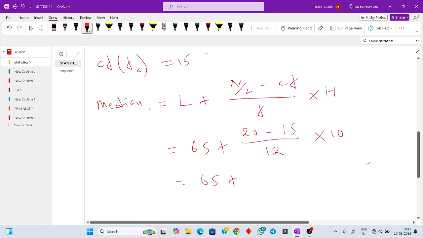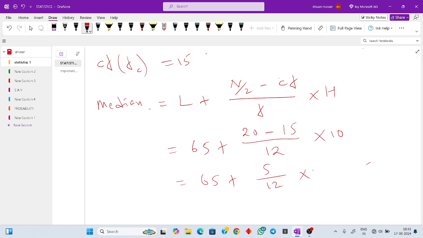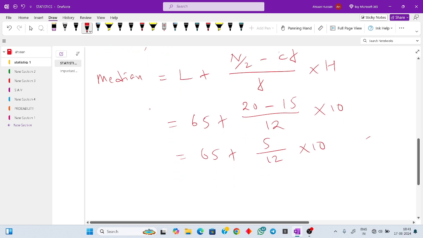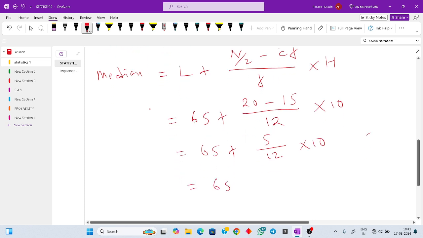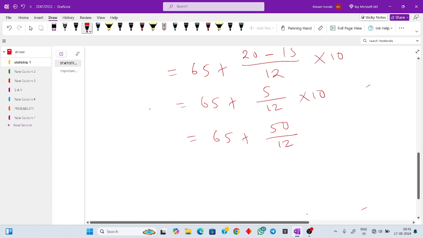So 65 plus 5 by 12 multiplied by 10. It means 65 plus 5 tens are 50 by 12. And upon dividing 50 by 12 we will get something around 4.16.